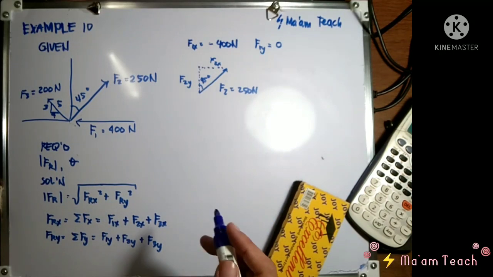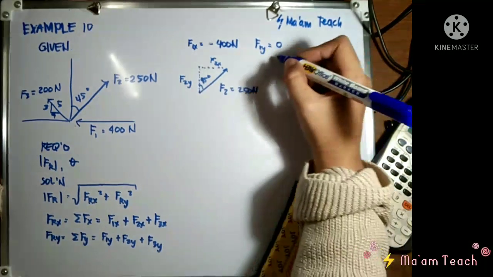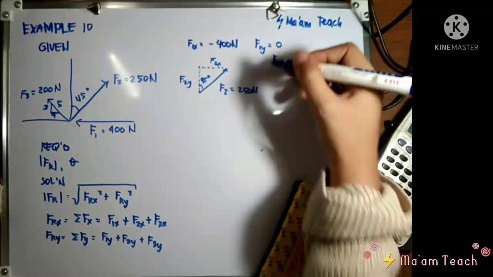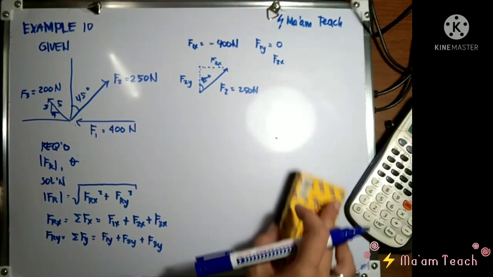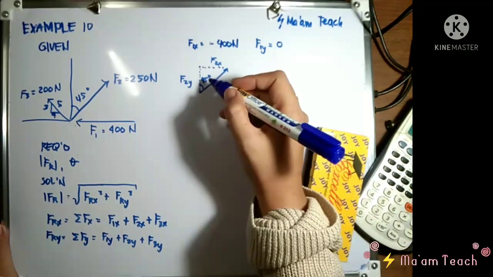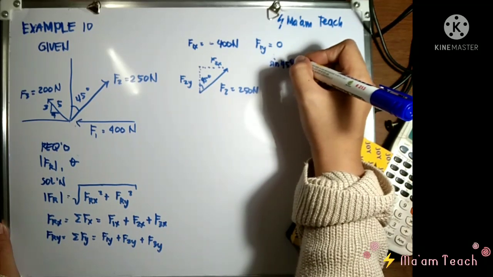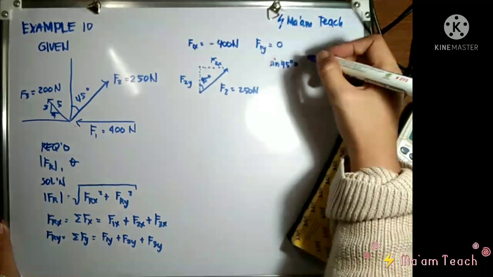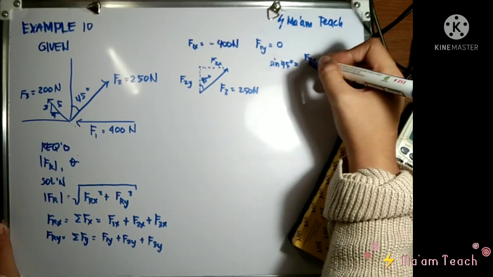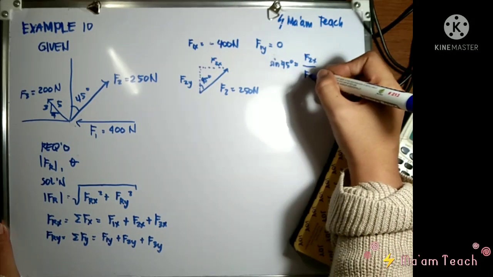Okay, so to solve for the F2x, we will be using the opposite side, which is the sine of the 45, and the opposite here is F2x, and the hypotenuse is F sub 2.